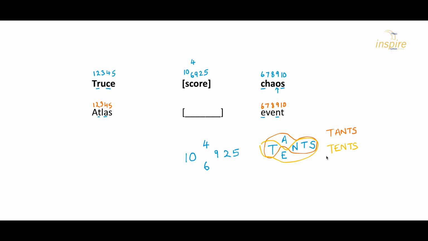And obviously, tents is the more sensible word, so the answer here will be tents. Okay, so you can see this is a little bit more tricky because it's got more than one option there. Okay, let's have a look at the third more complicated question.